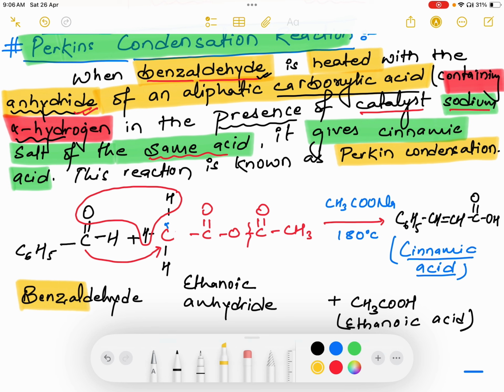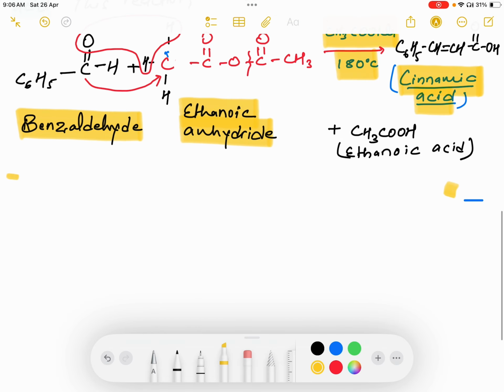Let me repeat: when benzaldehyde is treated with an acid anhydride, and the catalyst is the sodium salt of the same acid used to prepare the anhydride, at a temperature of 180 degrees C it will prepare cinnamic acid. This process is known as the Perkin condensation reaction. Okay, let me move on to the other two.